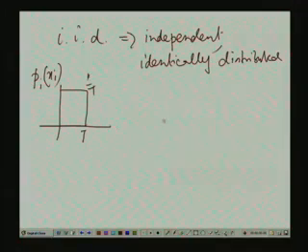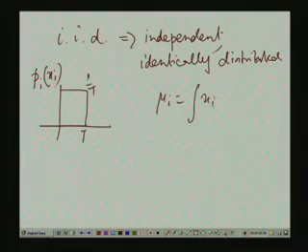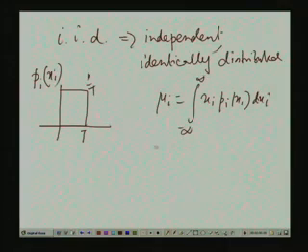So, first, what is the mean? What is mu i? Of course, mu i will not depend on i, because this is true for each i, all these are IID. So, each xi has the same distribution, identical distribution. Anyway, still I write mu i. So, what is mu i? Mu i is of course, as you know, the integral of x into p of x, that is xi pi of xi dxi, and xi should be from minus infinity to infinity, and this is very simple.